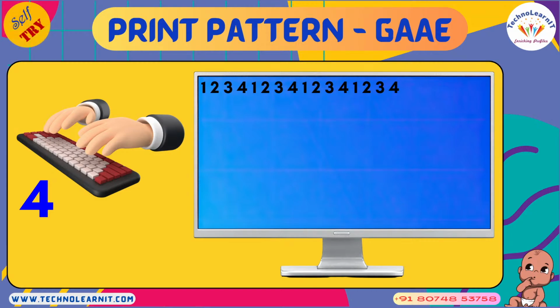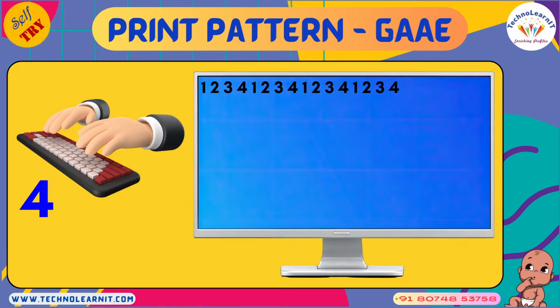And please make a note that all the output is printed on the same line, and each output is separated by a single space. Whenever you have to write some code for any kind of print patterns, all that is important before you even begin coding is to understand the pattern.